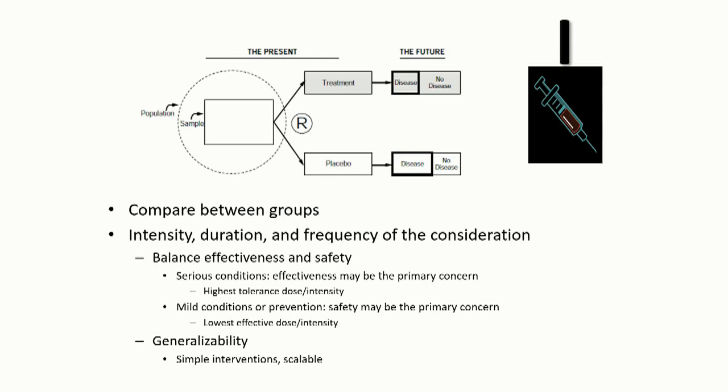But if you want to study a very mild condition, like a skin rash or something else that does not affect your health that much, then safety is the primary concern. In that case, you want to study using the lowest dose possible. And you think about the intervention, how to generalize the study after the study is finished.